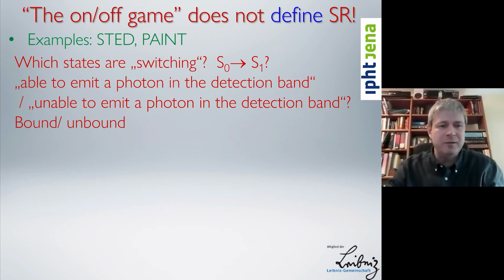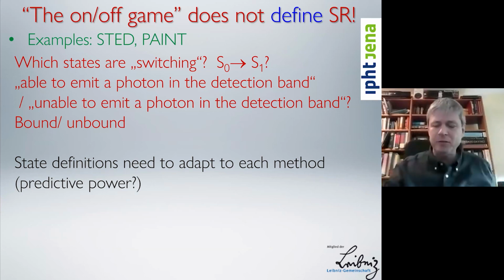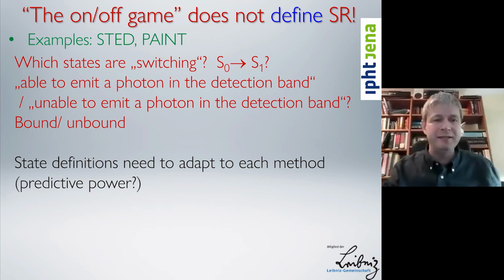But to me, that sounds like a relatively artificial definition, because you need to introduce other states which are not physical states. They are more like ability-to-do-something states. And in that sense, I don't really understand what's the big benefit to talk about a switching behavior here.